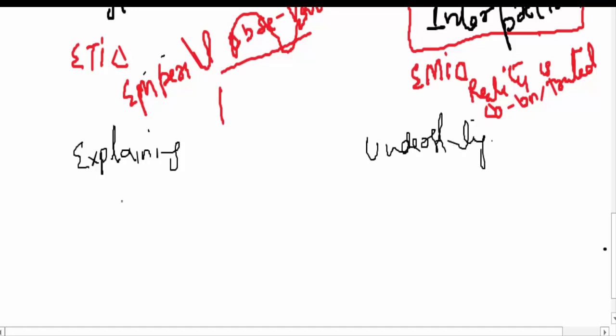This is about natural sciences, and this is about social sciences. Here we have objective data, and here we have subjective data.